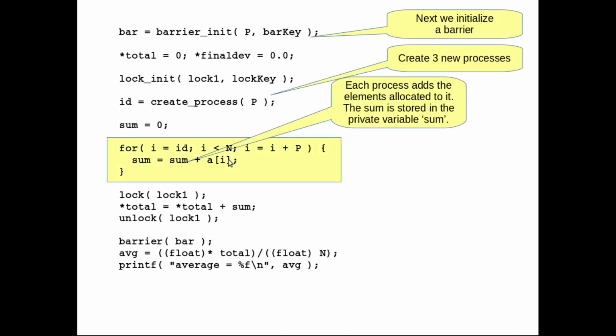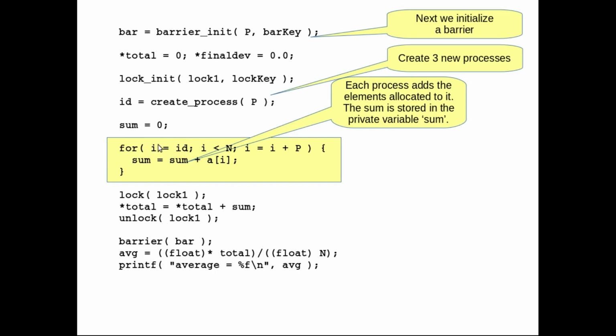Now let's go ahead and talk about this part of the code. As I said, this part of the code will be executed by each process. So in total we have 4 processes, and this part of the code will be executed by each of the 4 processes. Now what will process 0 do? This is the for loop we just now discussed.